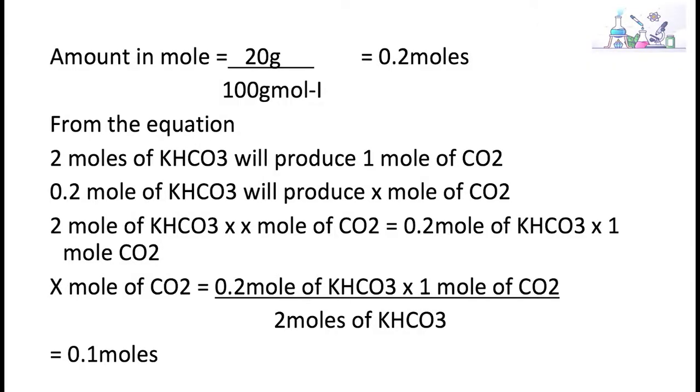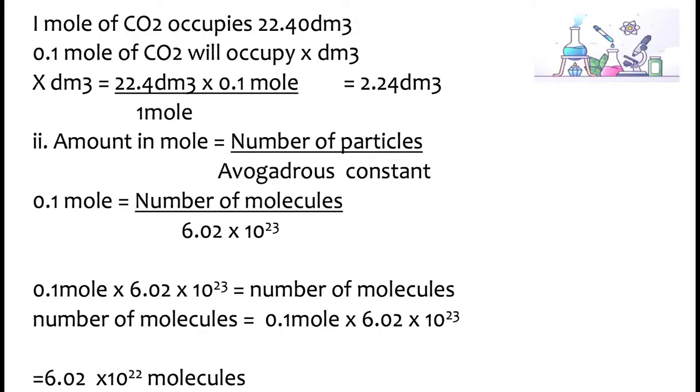They cancel out. So what you have left is mole of carbon 4 oxide, which will be your final answer and unit. So 0.2 times 1 all over 2 will give you 0.1 mole. And 0.1 mole of what? Of carbon 4 oxide.